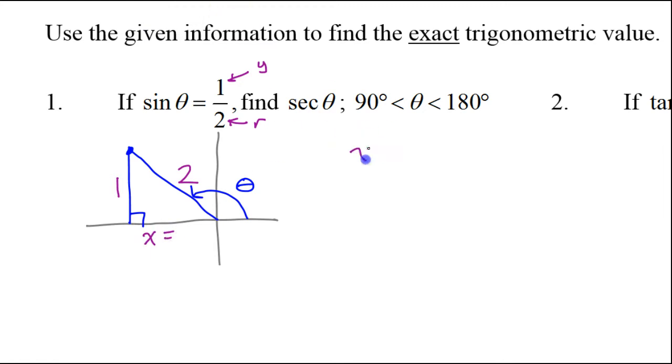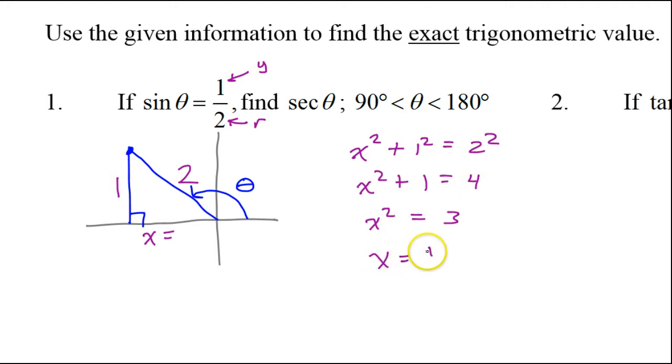So x squared plus 1 squared should equal 2 squared, just doing the Pythagorean theorem. So x squared plus 1 is equal to 4. So x squared is equal to 3, subtracting 1 from both sides. So x is equal to plus or minus radical 3.